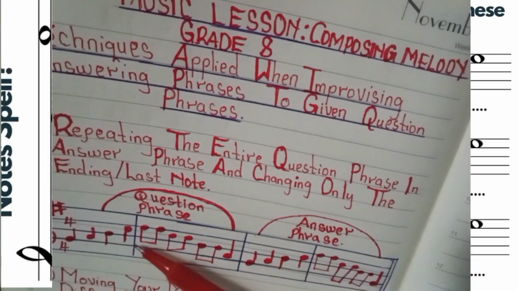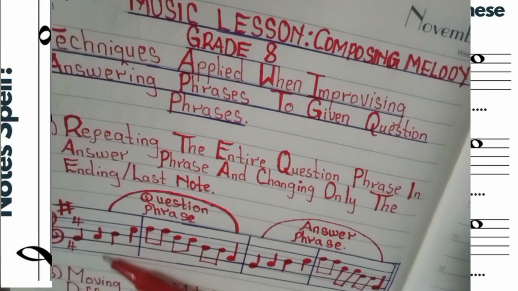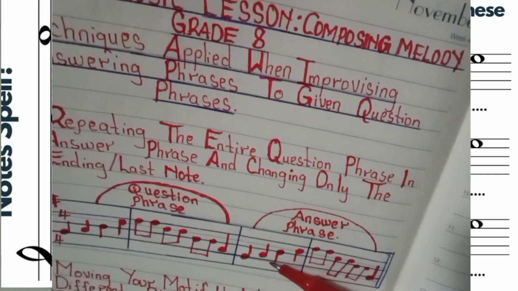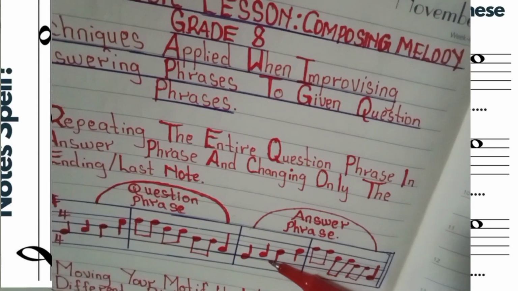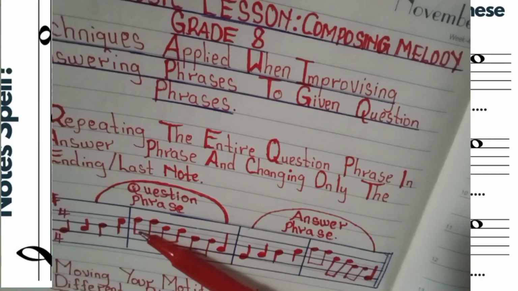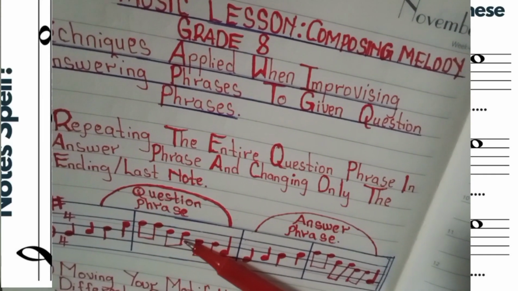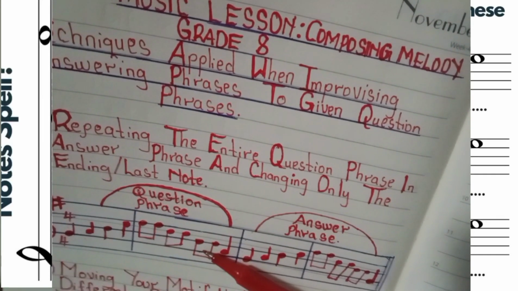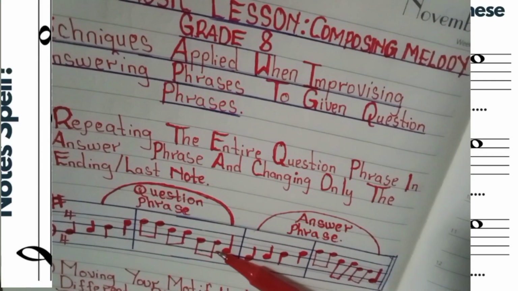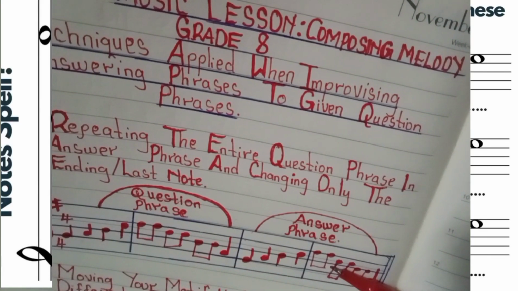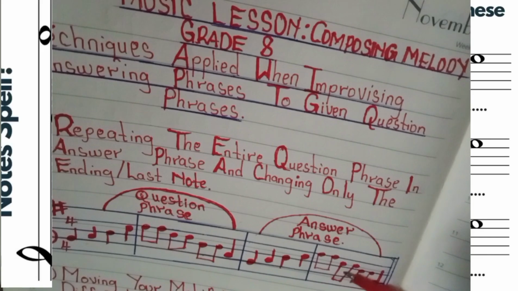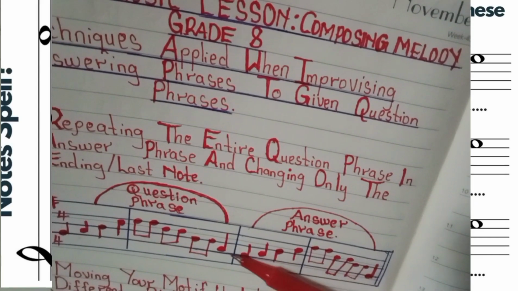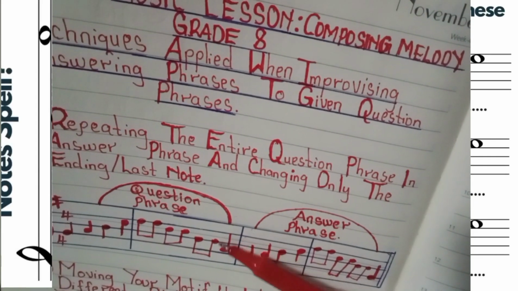You write it the way it is. Then the first, second, and third notes of the second bar of the question phrase, we rewrite them the same way in the second bar of the answer phrase, but now we are going to change the last note, the ending.